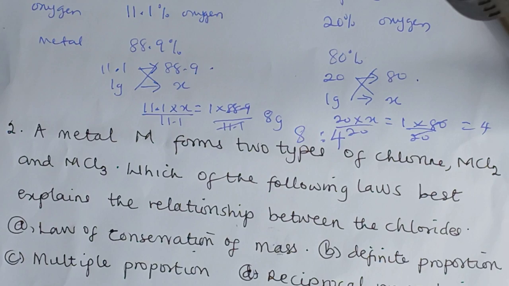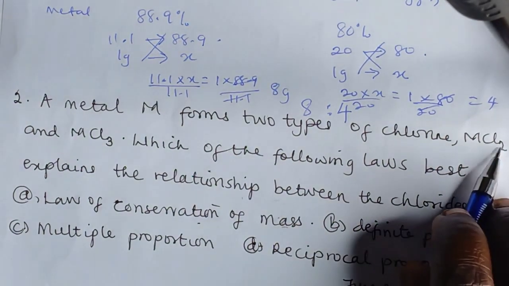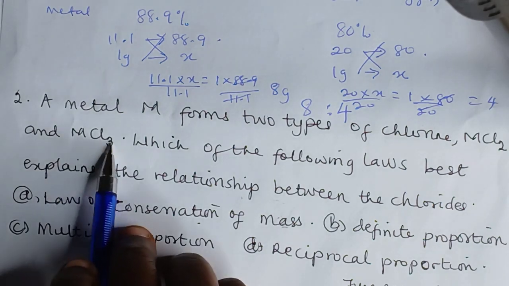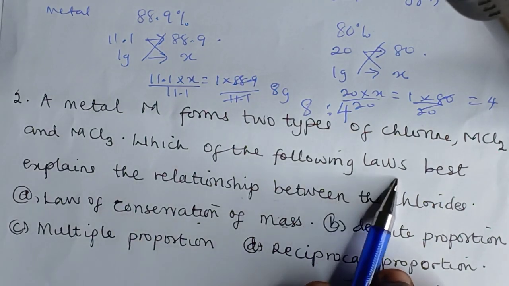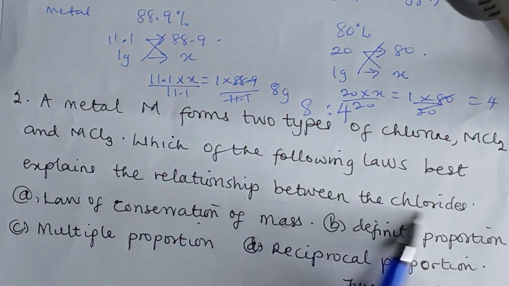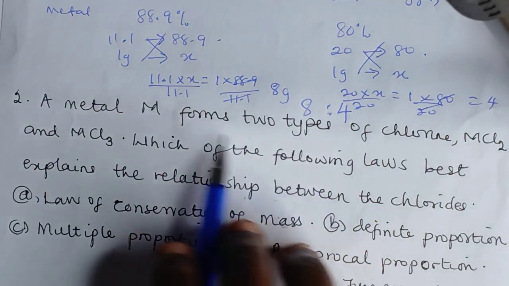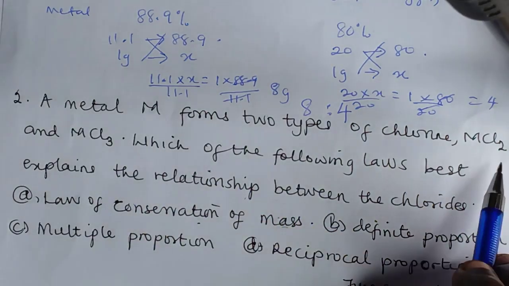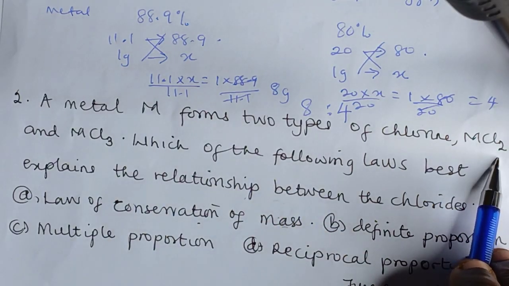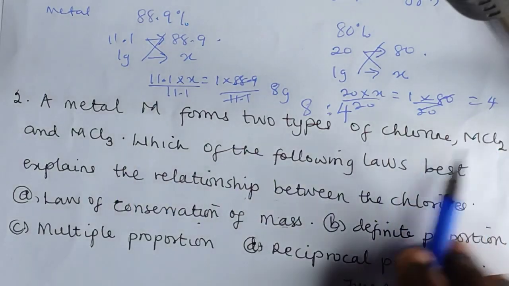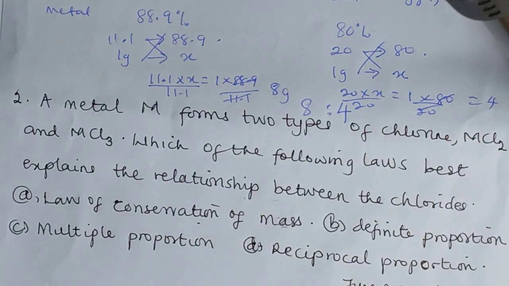A metal M forms 2 types of chlorides, MCl2 and MCl3. Which of the following laws best explains the relationship between the chlorides? Look at this. M is fixed, while chlorine is changing, Cl2, Cl3, and these are in simple whole number ratio.